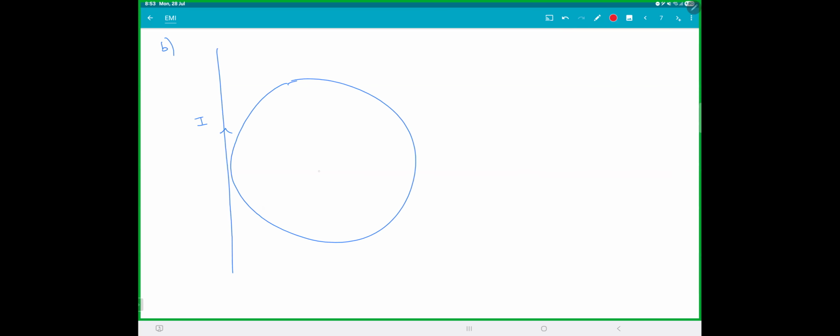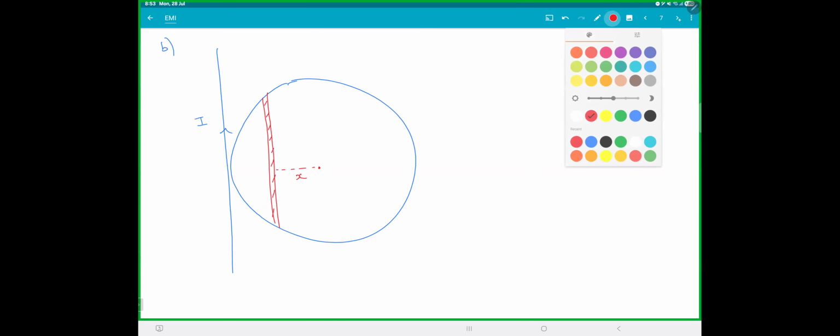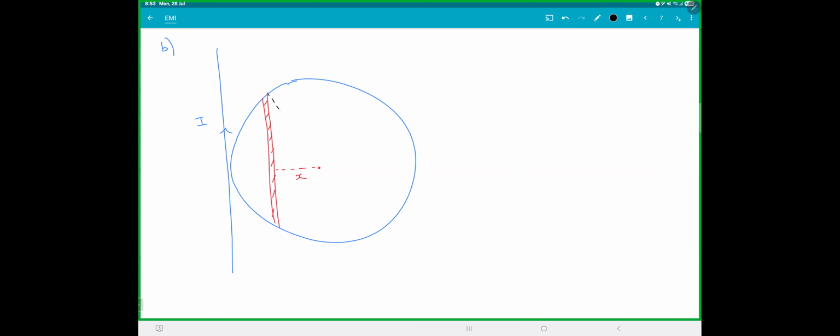So let's say from center at a distance x, we take a thin strip like this. The problem here is doing in terms of x and y is painful for circles. I prefer always theta. You can do in x and y also because you know x square plus y square is r square.